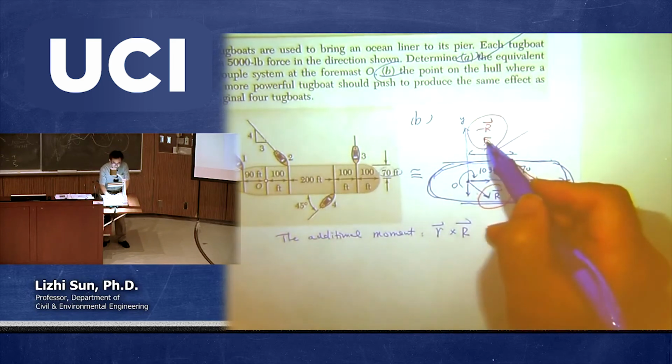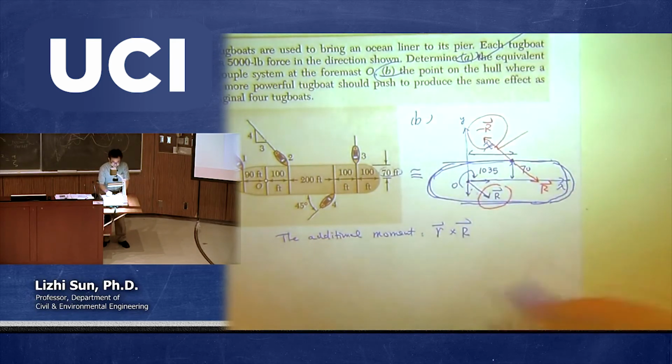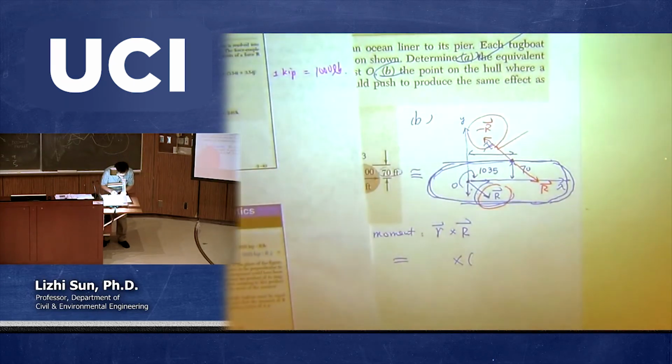It's up to you. Okay? Let's say we pick this one, this R. And we know this R, let me write down this R: 9.04i negative 9.79j. Okay, so this is R.